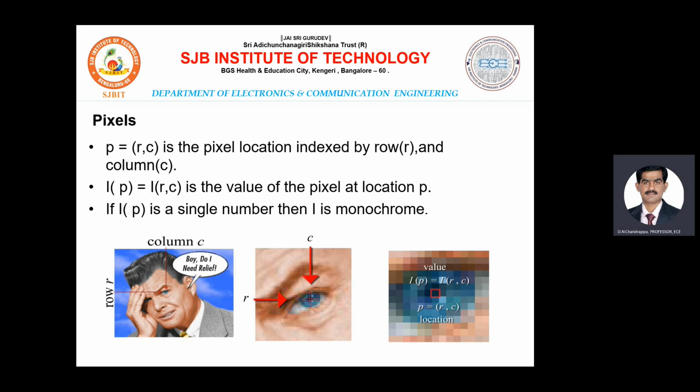Similarly, here we have the representation: p equals r comma c is the pixel location indexed by row r and column c. The same pixel is represented as I of p, which is nothing but the pixel. The location p is r comma c.